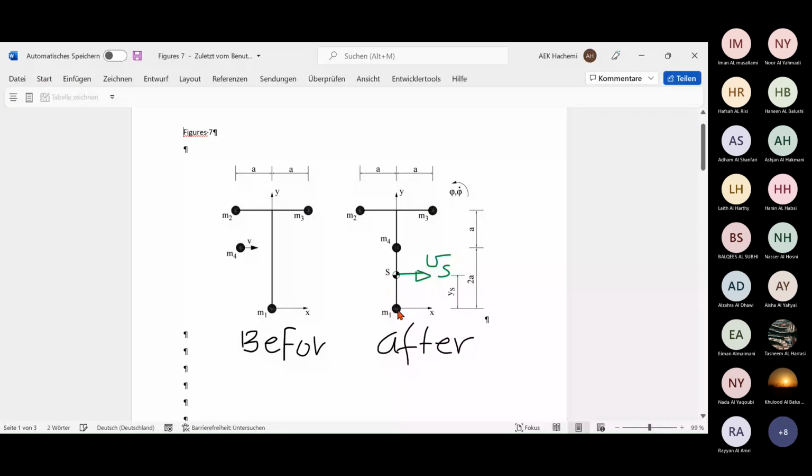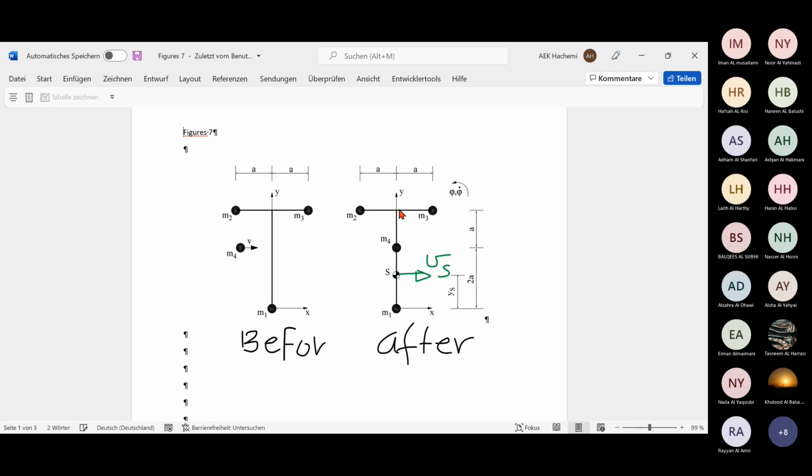If we take M1, it has 0 in x direction for the position, and in y direction it's only minus ys. If I take M2, the same principle: in x direction it's minus a, in y direction it's 3a, and of course in z all components of all masses are equal to 0.